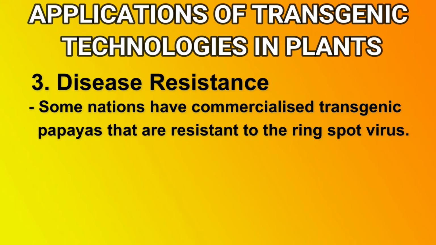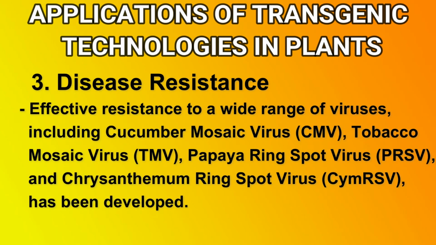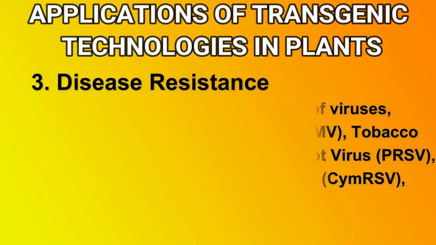Some nations have commercialized transgenic papayas that are resistant to ring spot virus. Effective resistance to a wide range of viruses, including cucumber mosaic virus, tobacco mosaic virus, papaya ring spot virus, and cymbidium ring spot virus, have been developed.